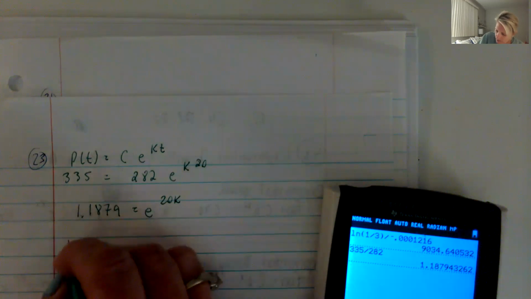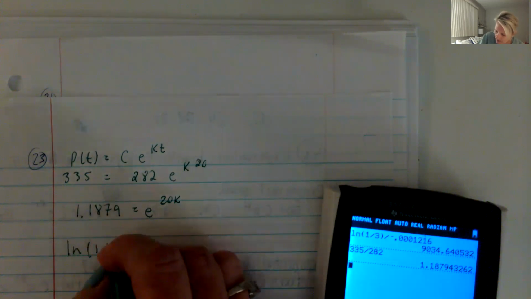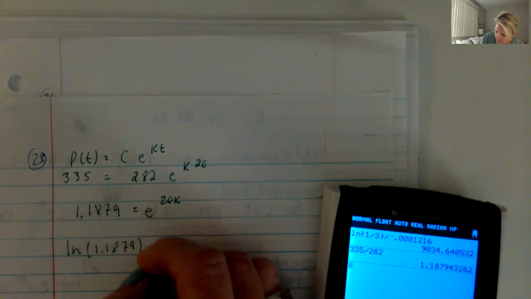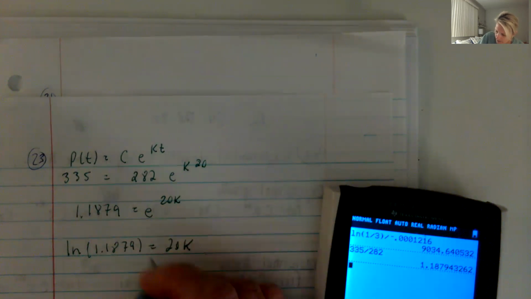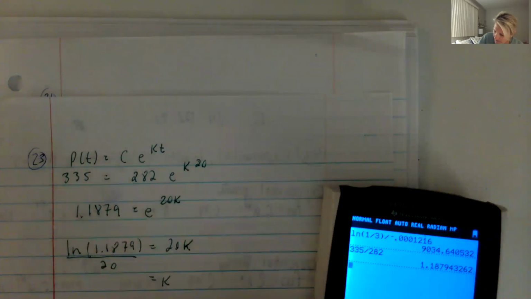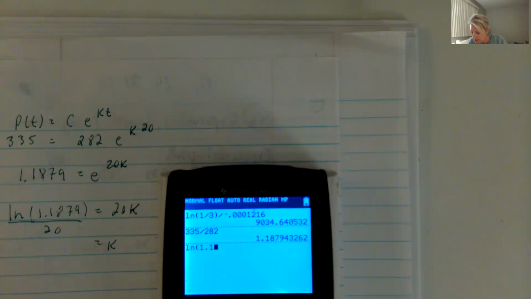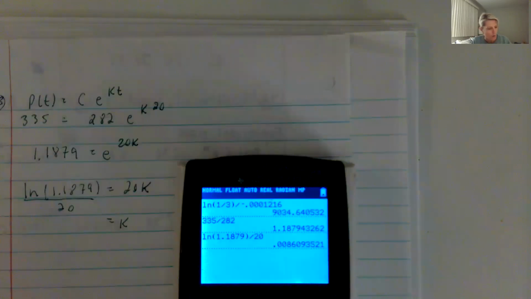We take the natural log of that and divide by 20. We get 0.0086 as our k for 23.